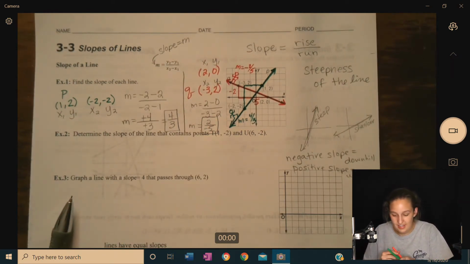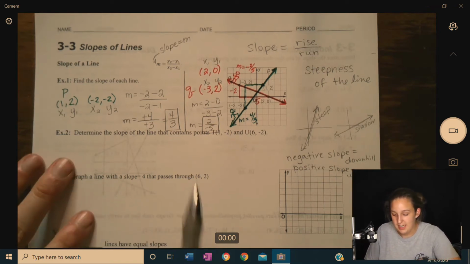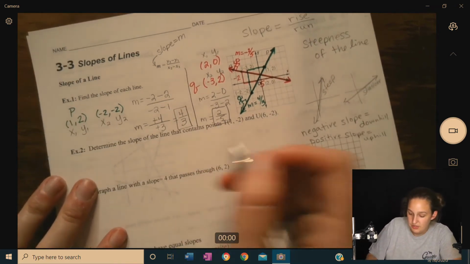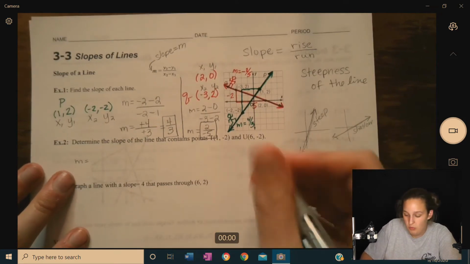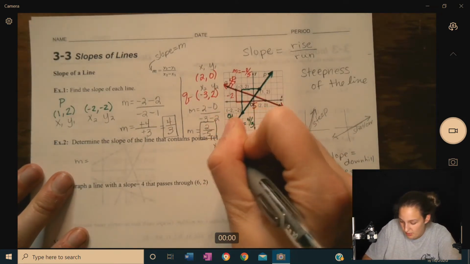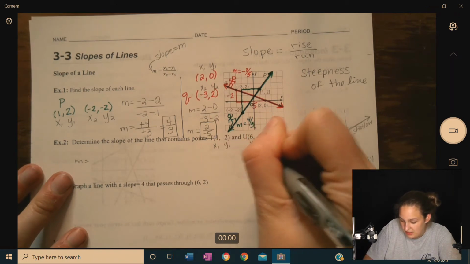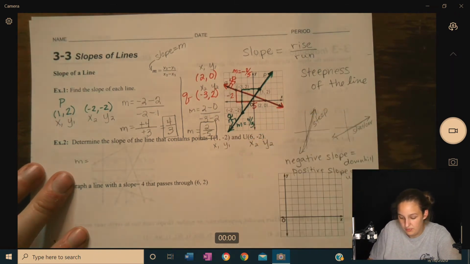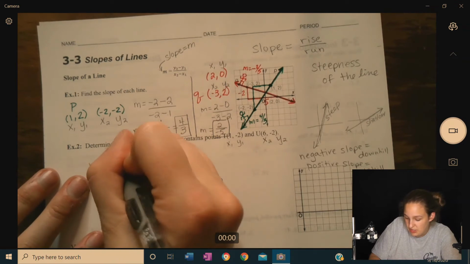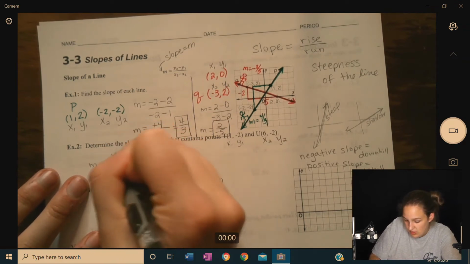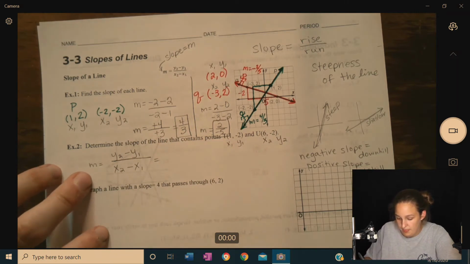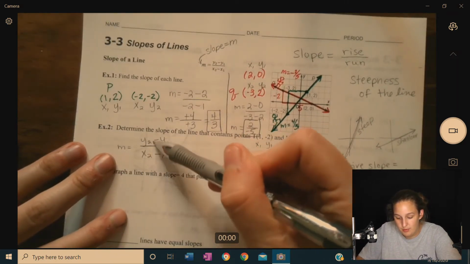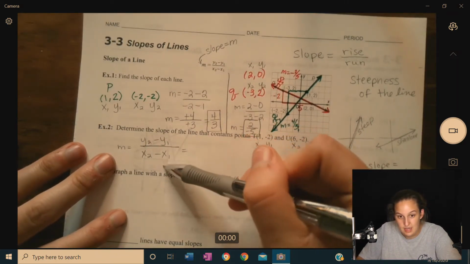So we're looking at this. If we want to find the slope that contains 2 points, we do the exact same thing. M is equal to, let's say this is point 1, so x1, y1, and this is point 2, x2, y2. So M is going to be the change in your y's all over the change in your x's. All right, now realize this comes from one point and this comes from the other point.